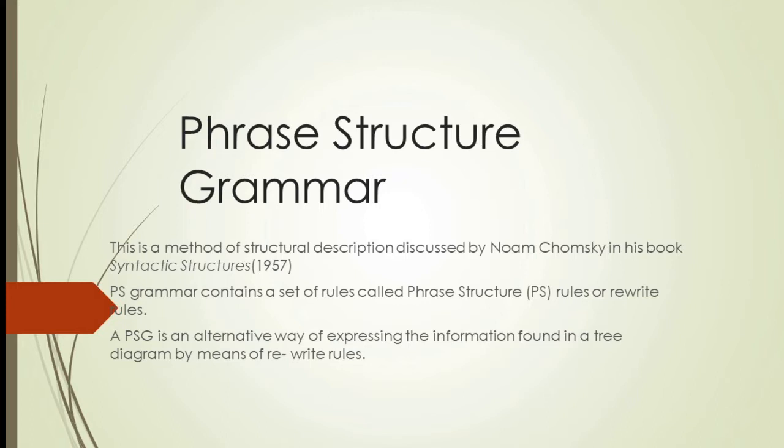When we discussed the immediate constituent analysis, we saw how we can write a sentence or a structure in the form of a tree diagram. Phrase structure grammar is an alternative way of expressing the information found in a tree diagram by means of rewrite rules. So whatever information you give in the form of a tree diagram can alternatively be written in the form of rewrite rules, and that is what is known as the phrase structure grammar.